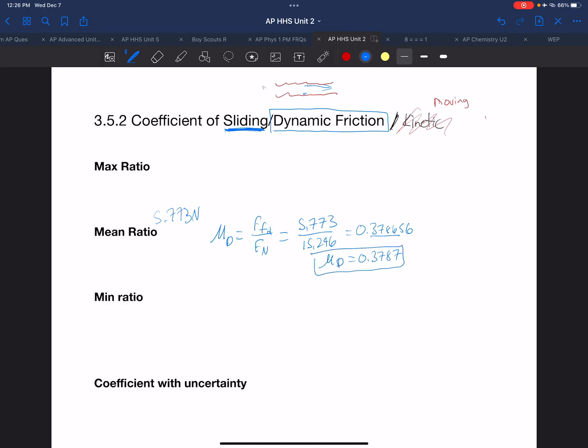Now, of course, we could use the 5.773 plus the standard deviation, which was 0.26, for the upper limit, and the 5.773 minus the 0.26 for the lower limit, and those would go in here, and we would get different numbers, which would give us a larger and a smaller, and we could express that with the uncertainty.